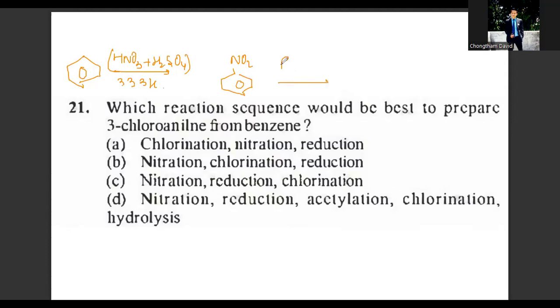Further chlorination in the presence of iron on this nitrobenzene will result in the meta isomer, meta chloronitrobenzene. Then on reduction with this, as you know, the removal of oxygen gives the amine. So what is the name of this product? B.